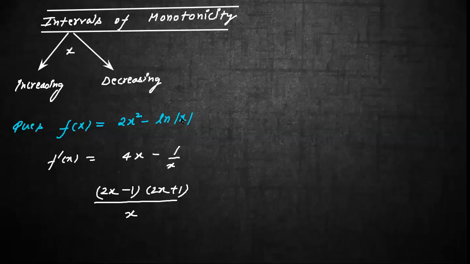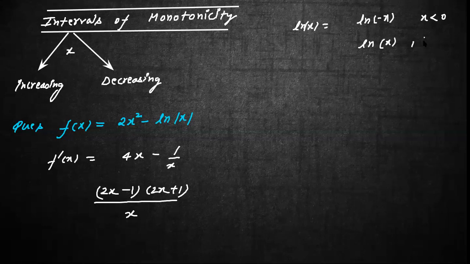If we do not know the derivative of ln mod x, we can redefine this function: ln mod x is ln of minus x when x is negative, and ln of x when x is positive. And of course this is not defined for x equals 0.